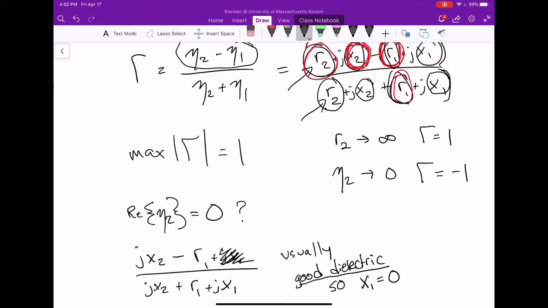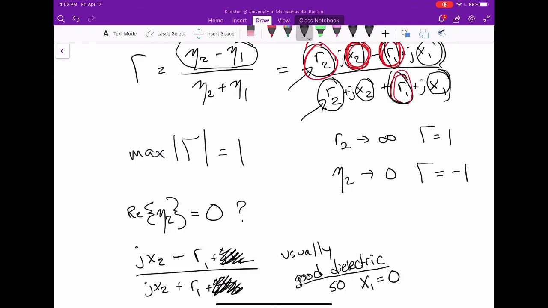So if we have no imaginary part on eta 1, we just end up with jx2 minus r1 divided by jx2 plus r1, which is some complex number on the top, and actually it's negative conjugate on the bottom.